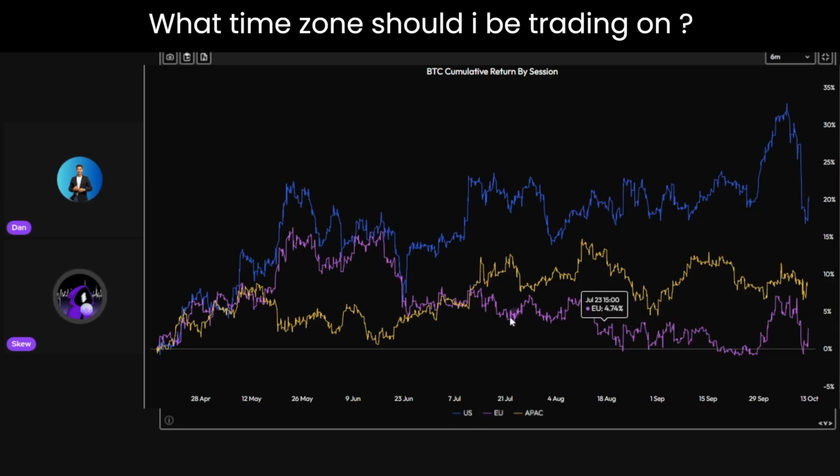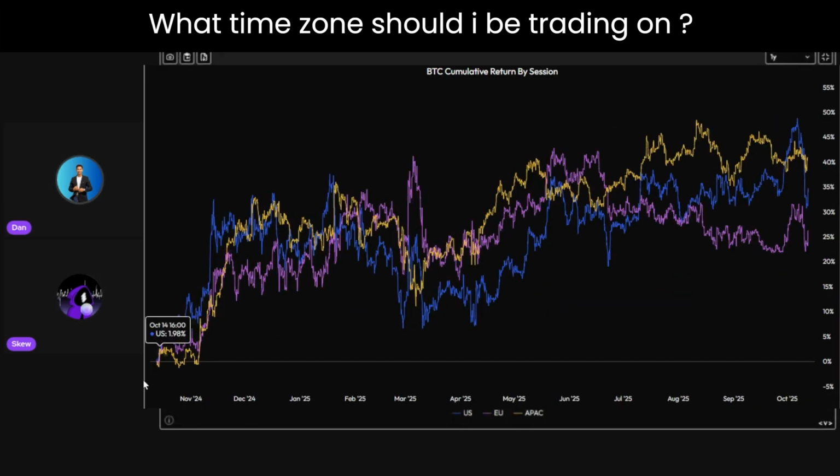We can see EU was pretty choppy. APAC started to follow as well, until recently, until October. Early October was a Chinese holiday as well, so that tends to be kind of a dead period. But the best time to trade is European session, US session, pretty much.